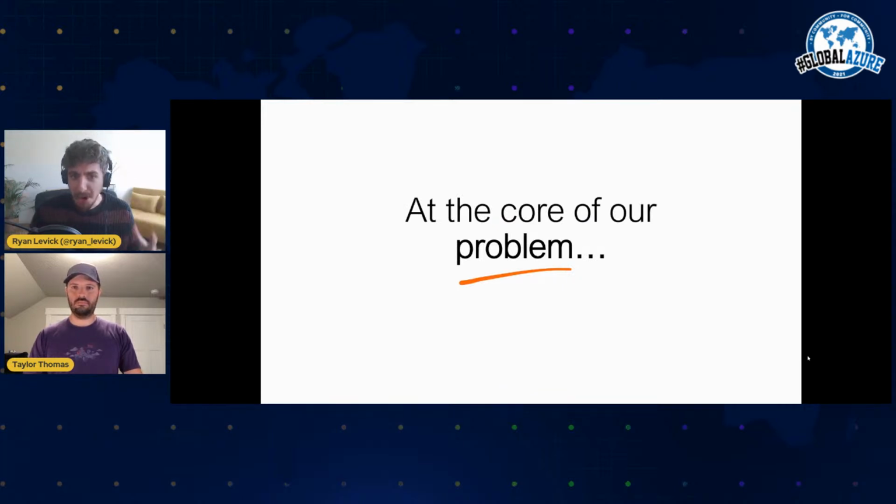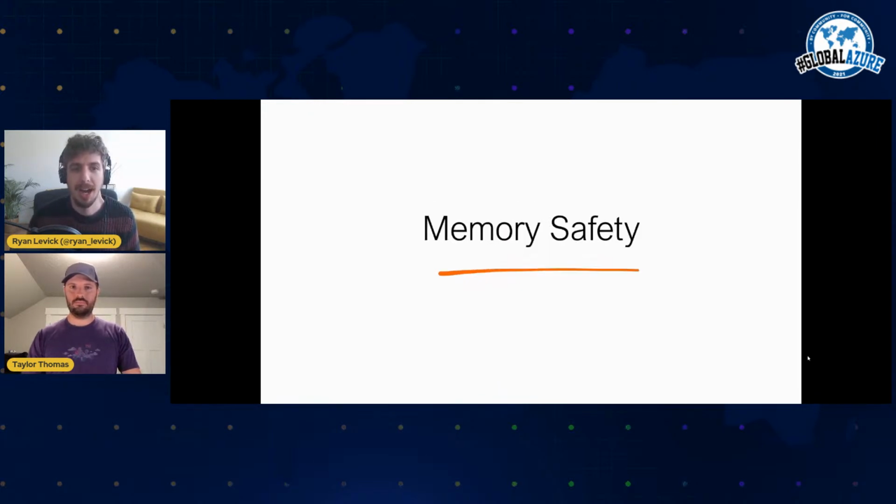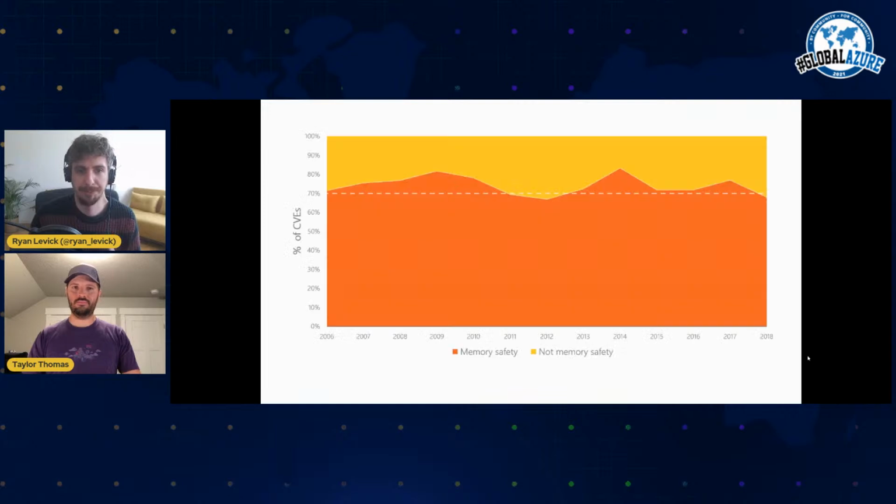And really at the core of this problem, at the core of our problem as a software industry, is memory safety, or rather memory unsafety. A lot of these security vulnerabilities come from exploiting the incorrect use of memory.